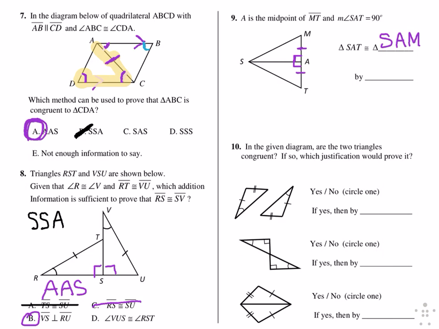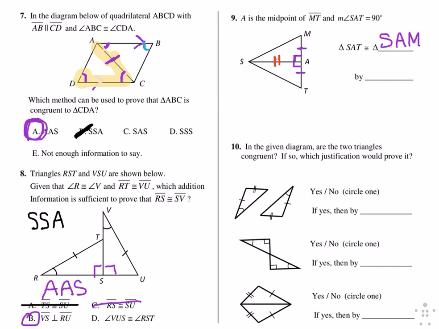And then by which postulate? Well, here we could actually put two answers. So let me go over one of them. One of them would be that we could say, well, this angle matches, this side has to be congruent to the other triangle because they share the side, so those are equal.